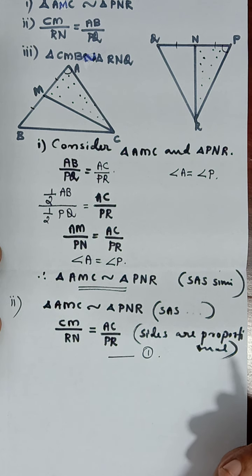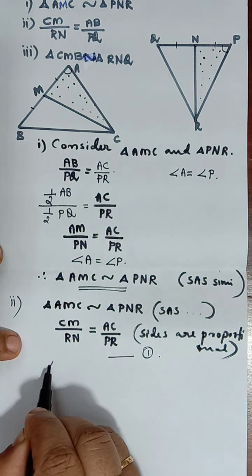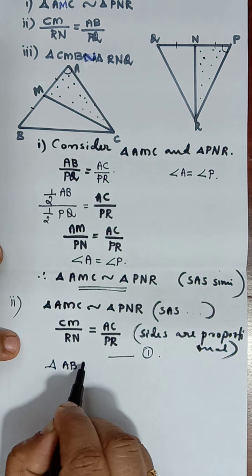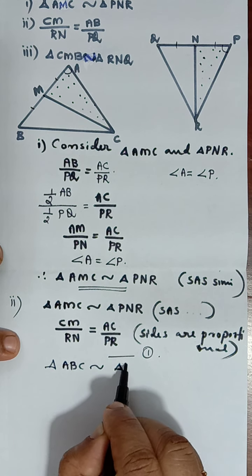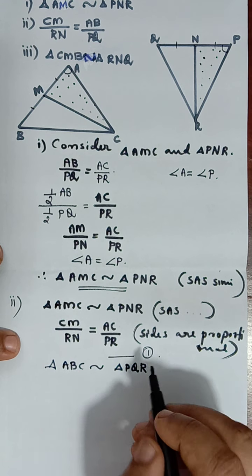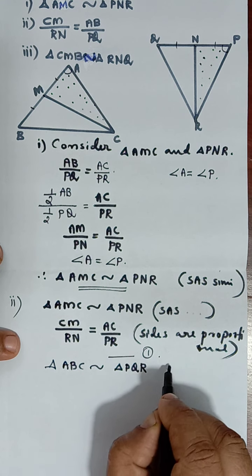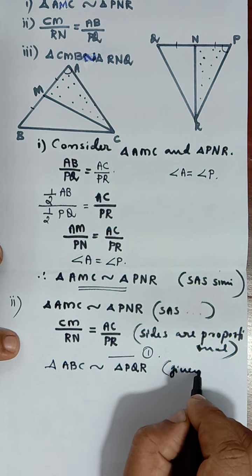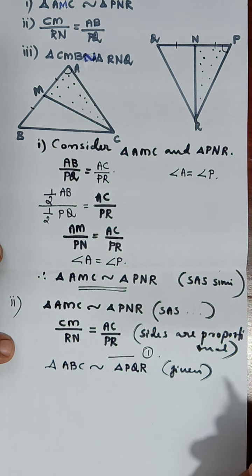Similarly, since triangle ABC is similar to triangle PQR, isn't it AB by PQ is equal to AC by PR? That is the second point. Triangle ABC similar to triangle PQR, that is given to us. Better you write the reason for all the points.